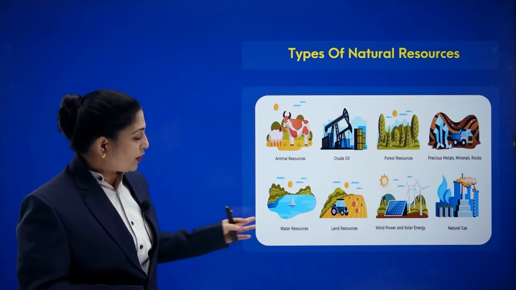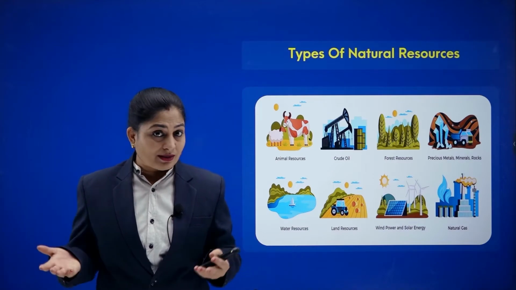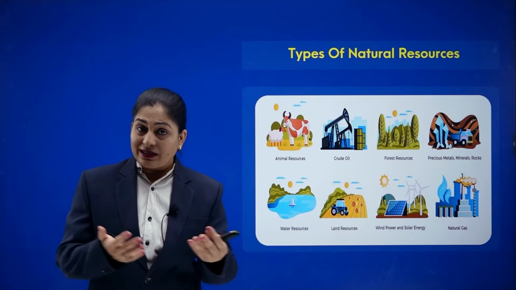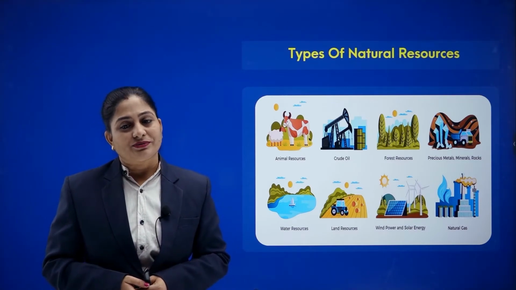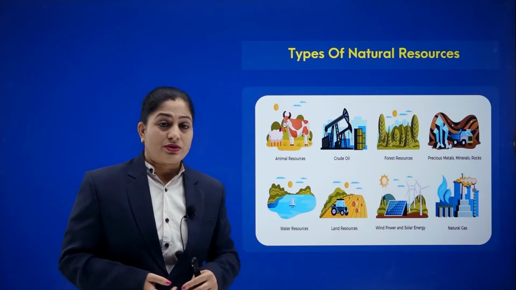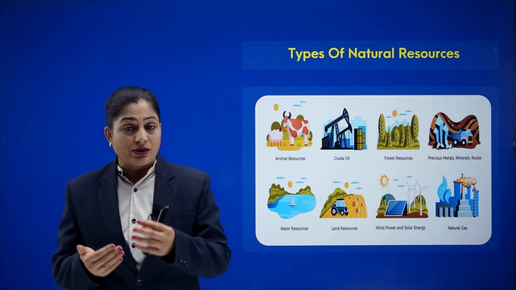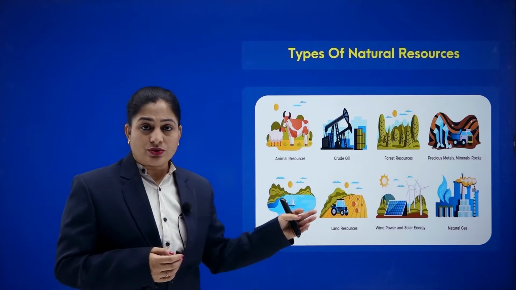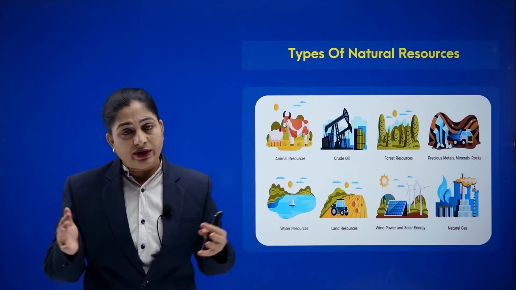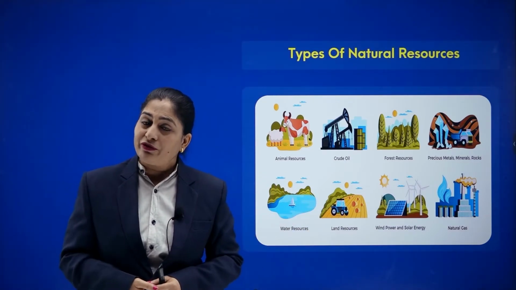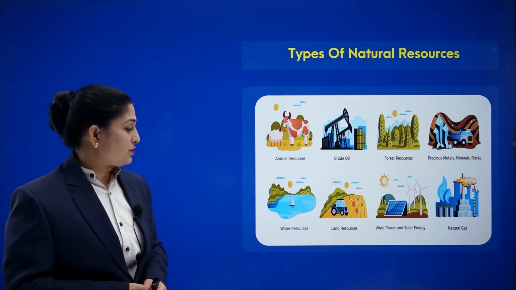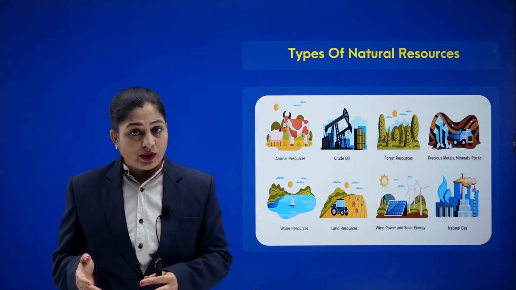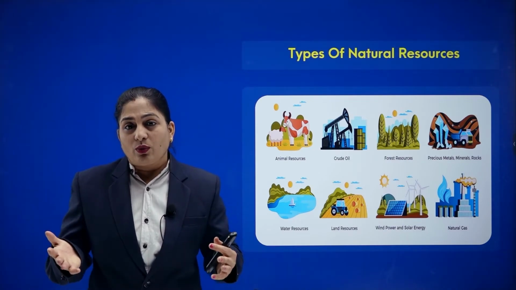When we talk about water resources, all water bodies are nothing but natural water resources. They are available in nature and we can get water directly from nature. Land resources include rocks and soil. Rock and soil make up land resources, which are very important for cultivation and agriculture. Then wind power and solar energy. What is wind?